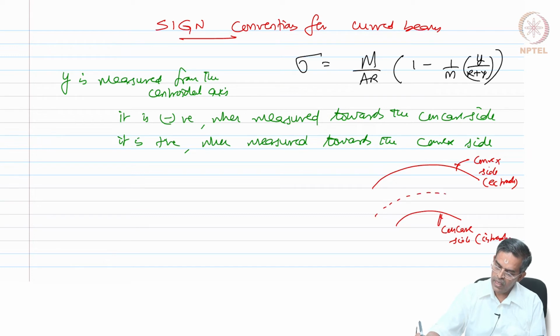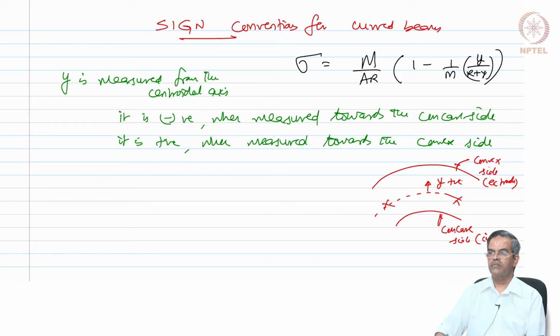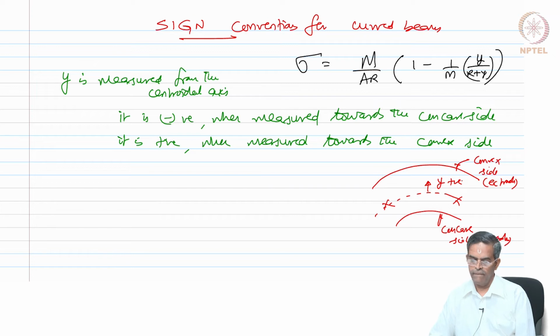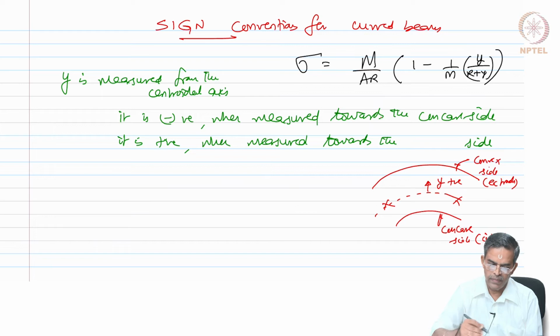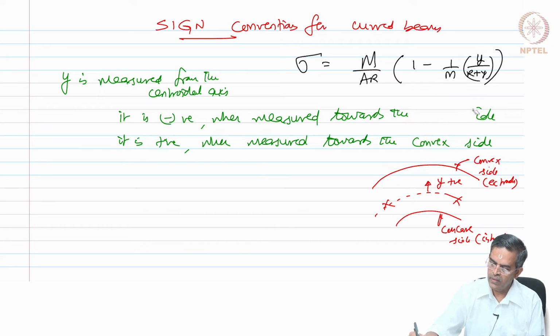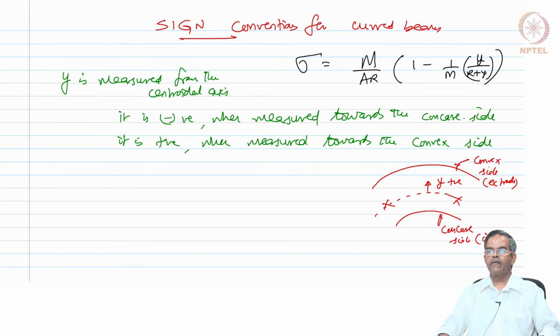From the centroidal axis xx, when you move towards this, y is positive. When you move towards the convex side, towards the concave side. Okay.